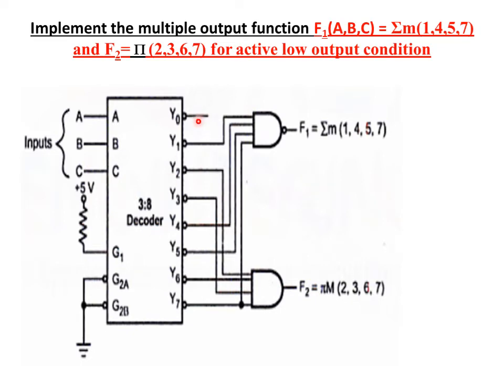Now the max terms are obtained from the decoder output. For SOP function implementation we need to use a NAND gate, and for POS function implementation we need to use an AND gate. This way we can implement any multiple output function.